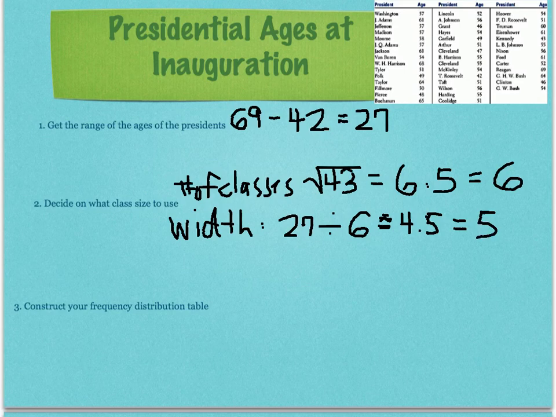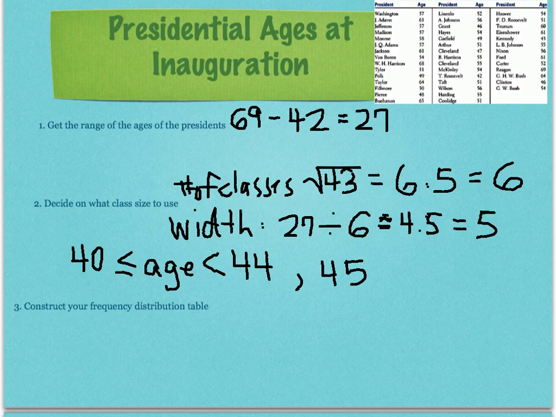So for instance, the first class will begin at, since 42 was the least, I'm going to start at 40, and it's going to end at 44. The class following that would start at 45, and it would be all the ages from 45 to 49.